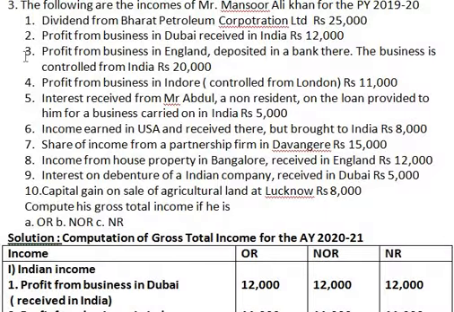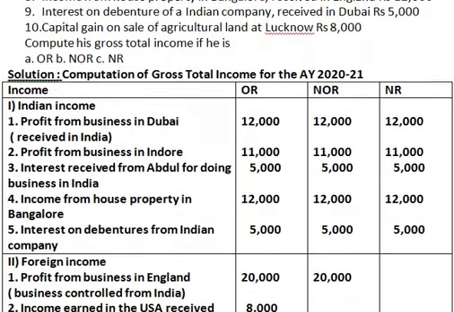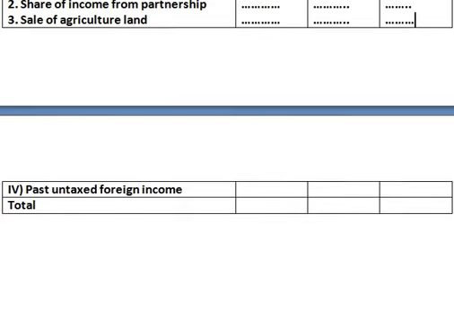Here, we are not given information regarding past untaxed foreign income. Therefore, the fourth head of income, past untaxed foreign income, is also taken as nil, because it is not given, and even if it is given in the sum, it is not considered while computing gross total income. So now we have to total all the incomes.